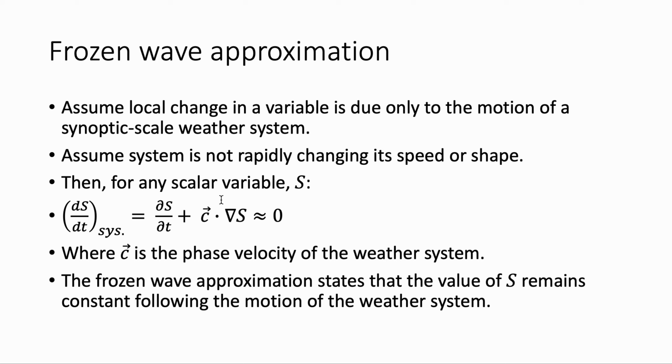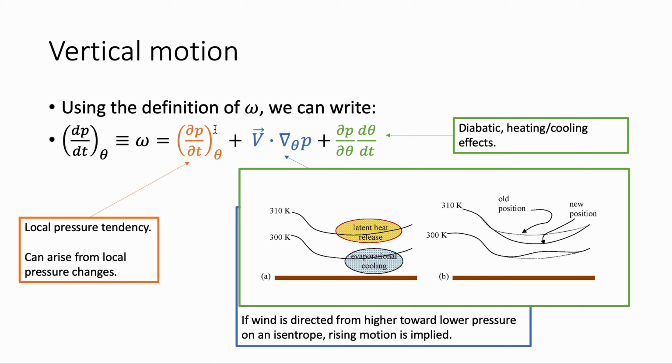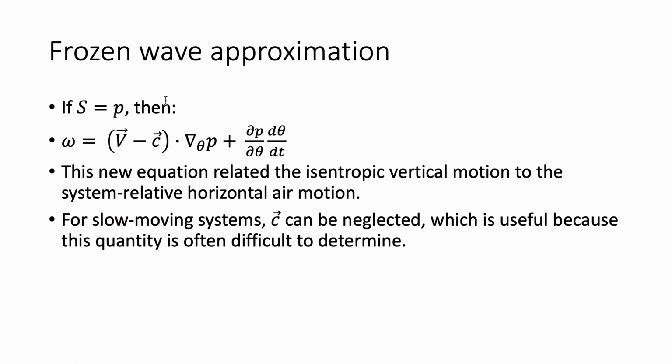And this del over here, this is the gradient over an isentropic surface. And so if you put the two things together, this becomes minus c dot gradient p, and this gives you v minus c dot gradient p plus the diabatic term.